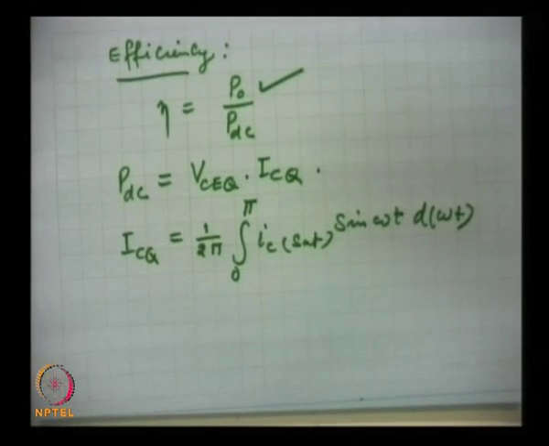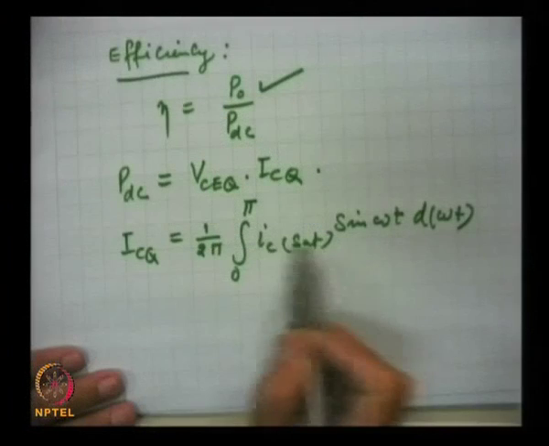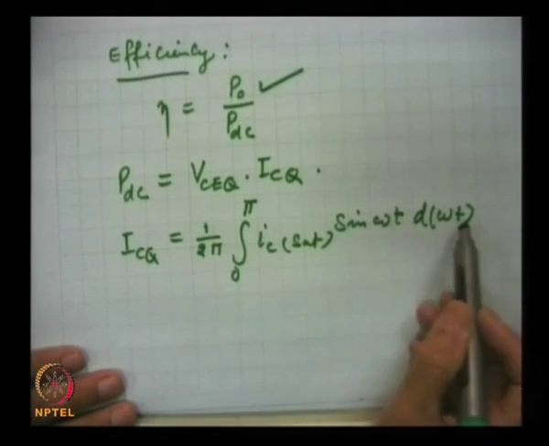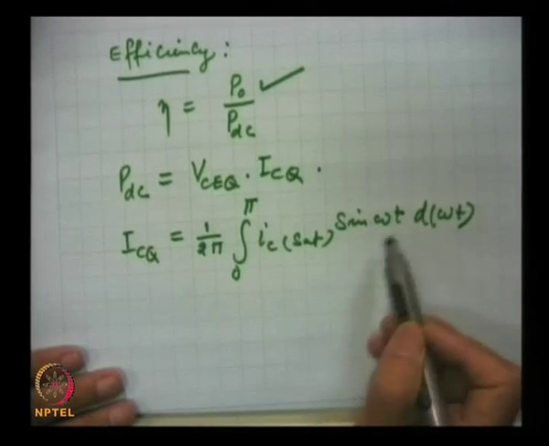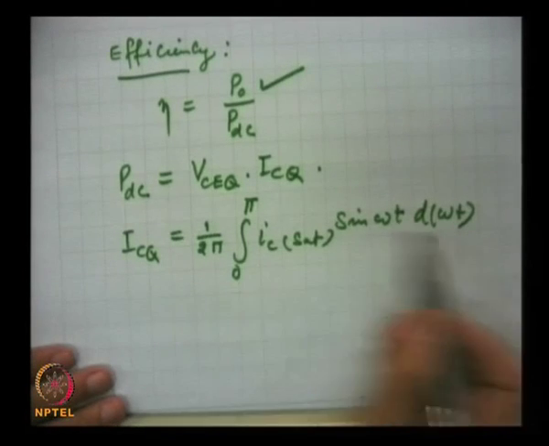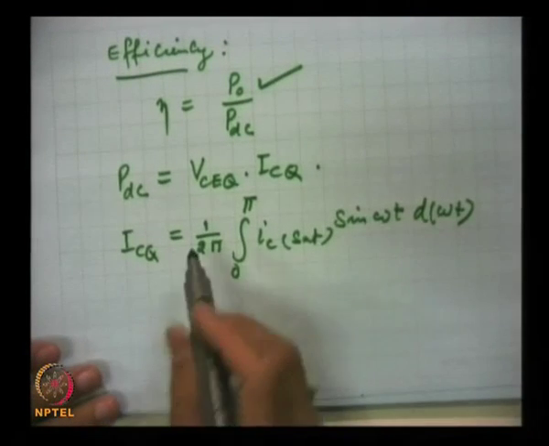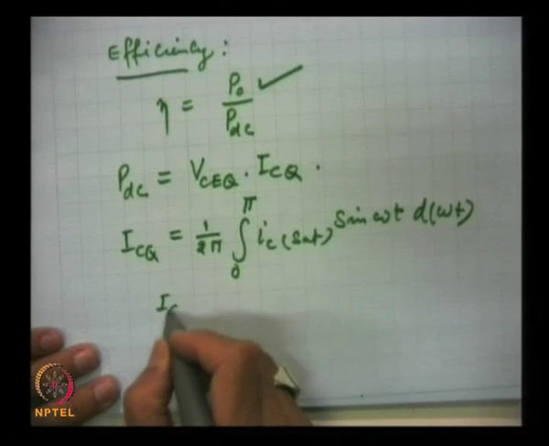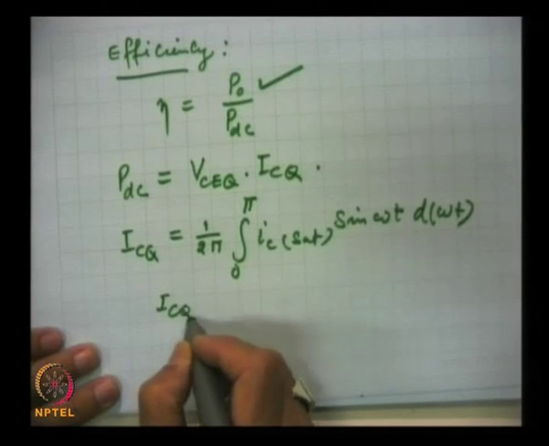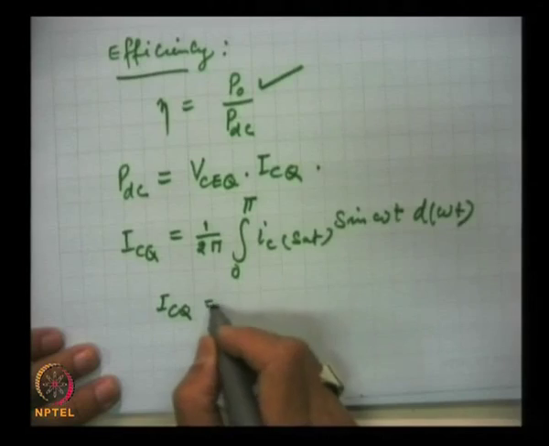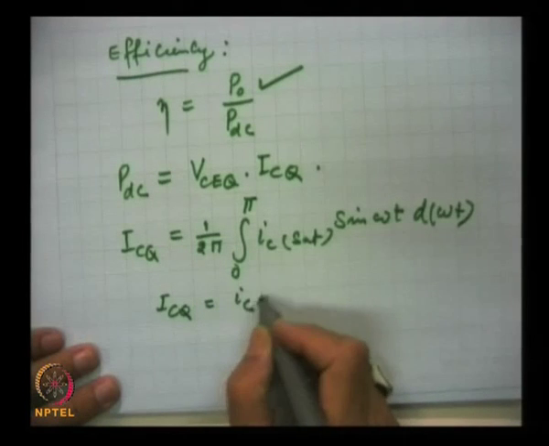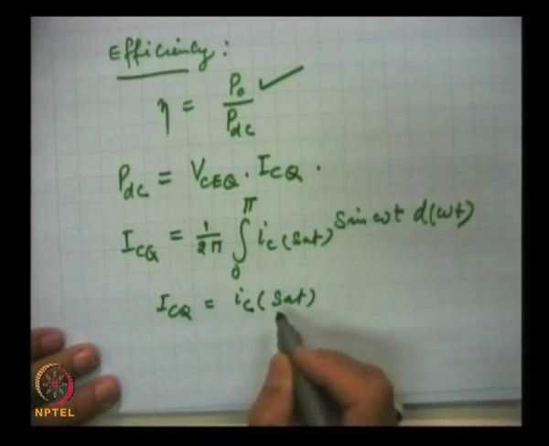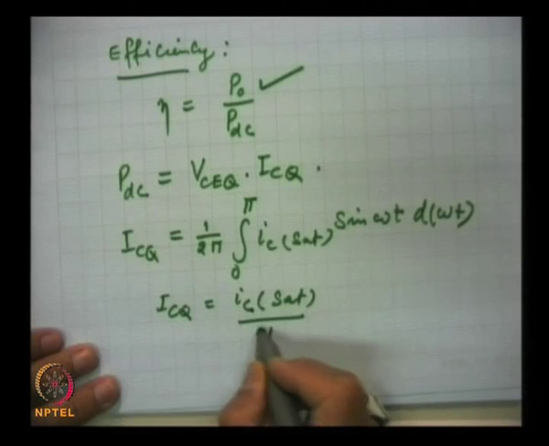We have taken the signal as sinusoidal, and the current which flows is this, the maximum current, and this is that sine part. We solve it and we find that ICQ is IC set by pi.